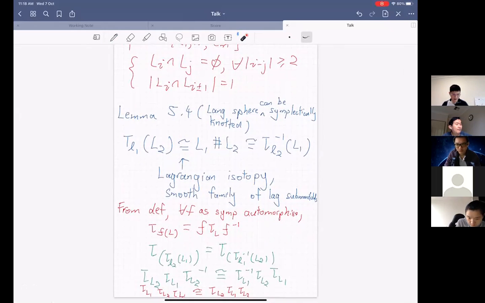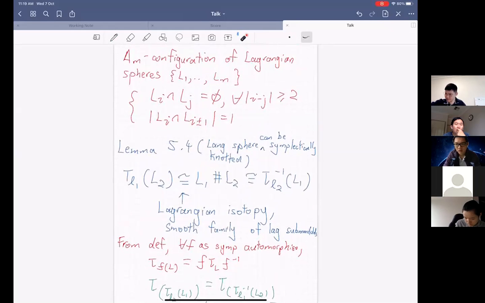Do I give the reference? I don't give the reference. Can a Lagrangian sphere be symplectically knotted? Sorry. Okay, actually he proved it in this paper, but they state it for graded Lagrangian submanifolds.